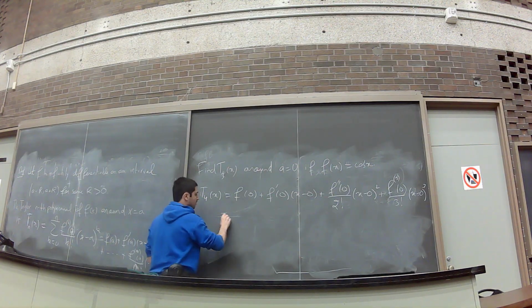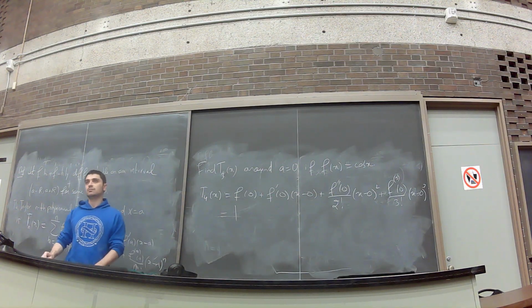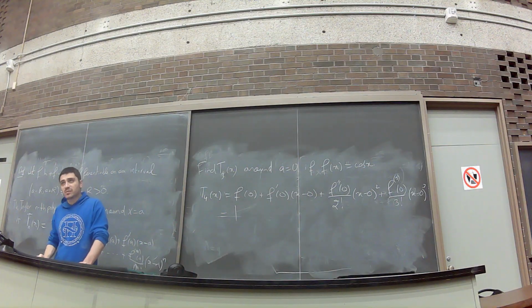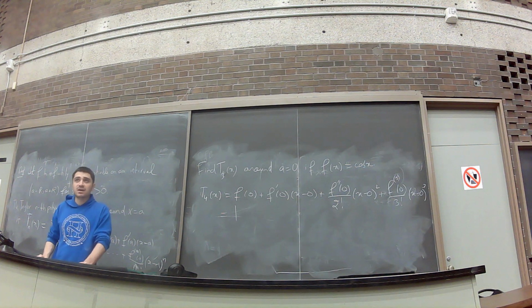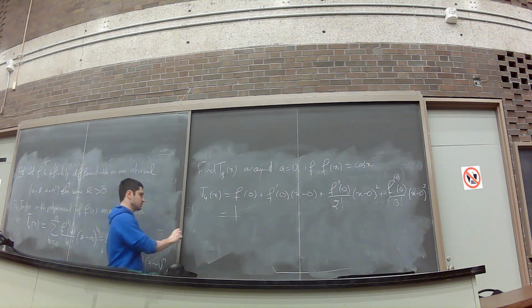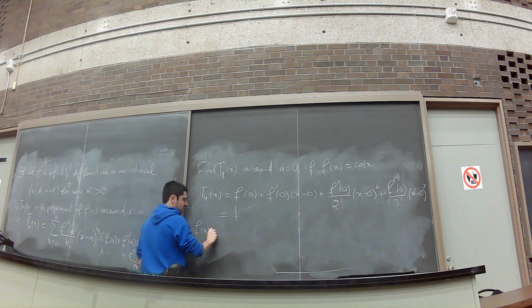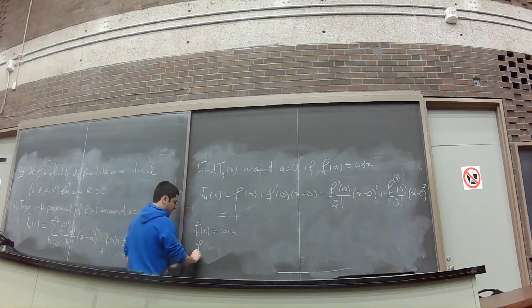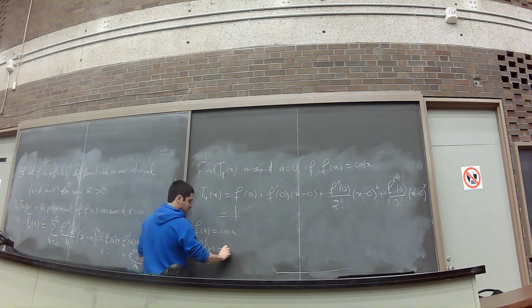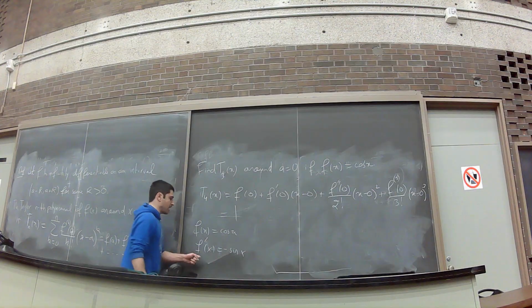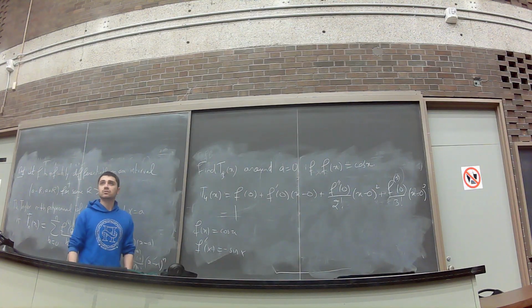What is f of 0? 1. What is f prime of x? F prime of x is minus sine x, right? If f of x is cos x, f prime of x is minus sine x. F prime of 0, what is it equal to? 0, right?